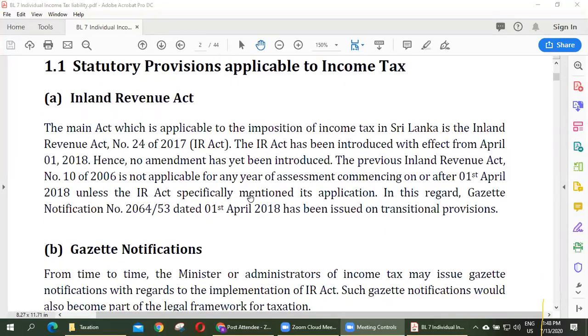And yeah, the main act which is applicable to the imposition of income tax in Sri Lanka is the Inland Revenue Act.